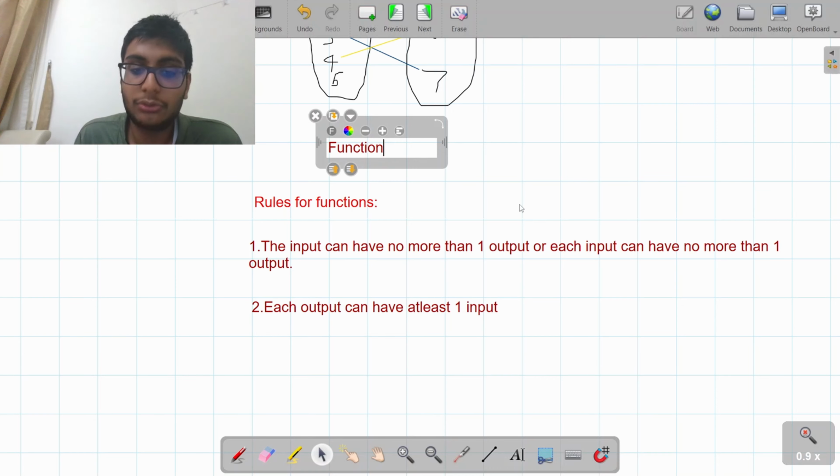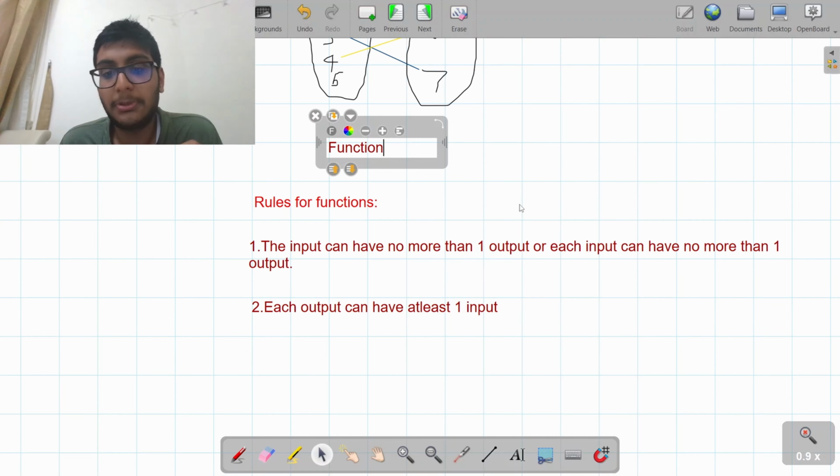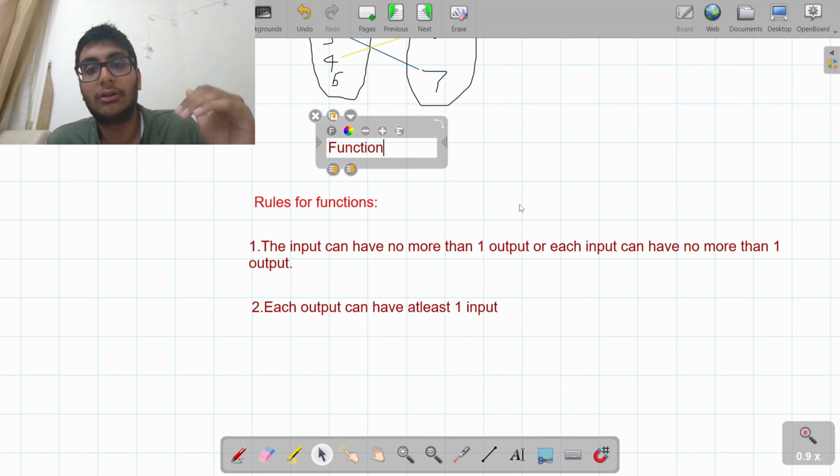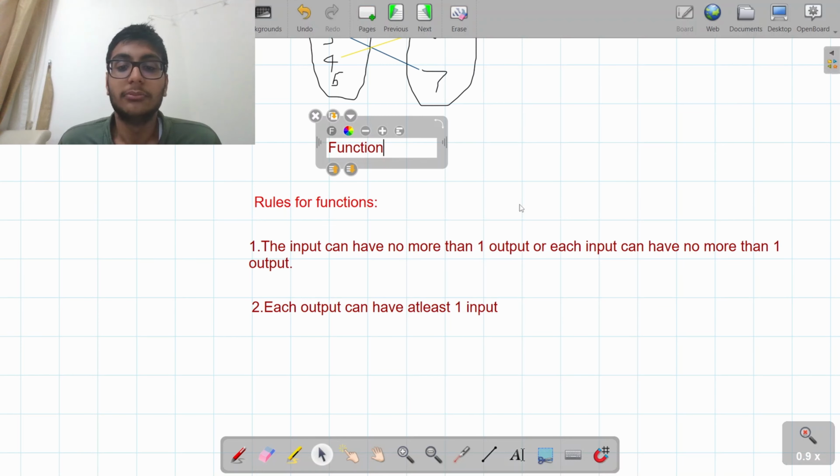And the second rule is that each output can have at least one input. This 'at least' means it can be any number from 1 and above. It can be 2, 3, 4 to infinity. But in the input case, it can have only 0 and 1. So an input can have no output or can have one output.